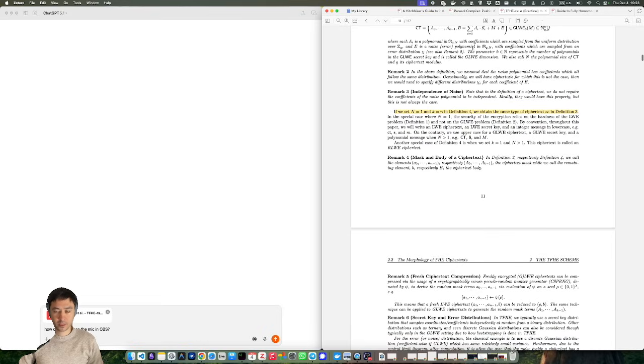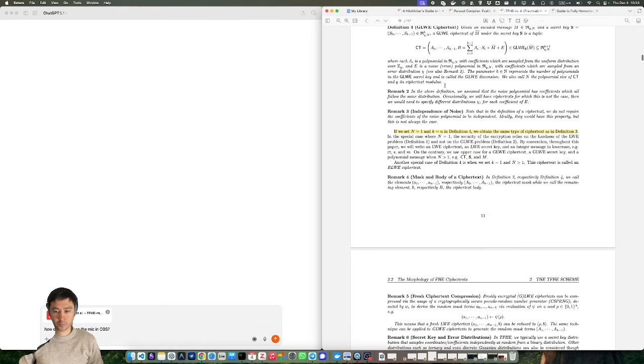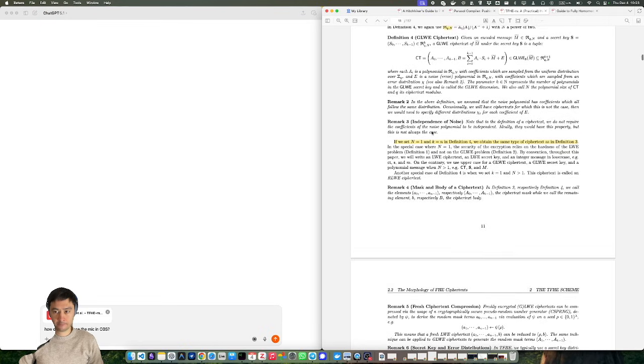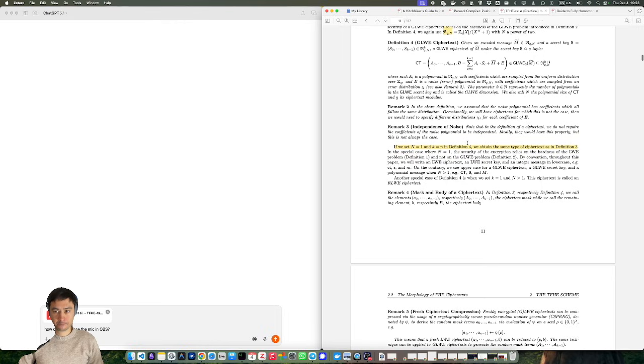This is exactly the same, except that we have, I guess, what is k here? Right. So if the secret key is the same size as in definition 3, and these elements are in this polynomial ring, but they're all of degree 1, so it's just degree 0 basically.